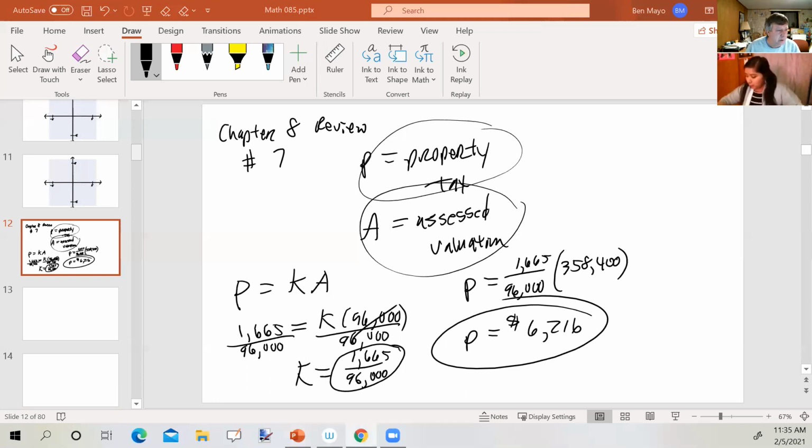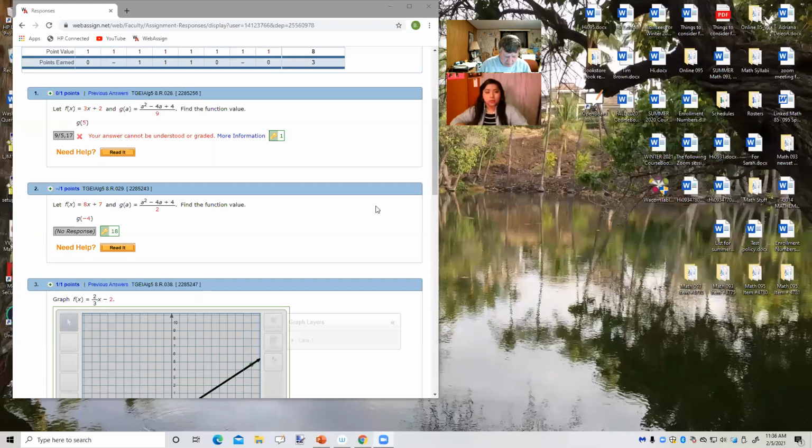Let's look at problem number 1. It says, let f of x equal 3x plus 2 and g of a equal a squared minus 4a plus 4 over 9.